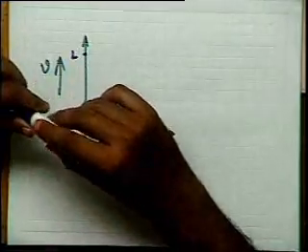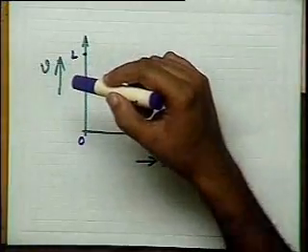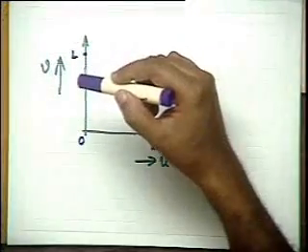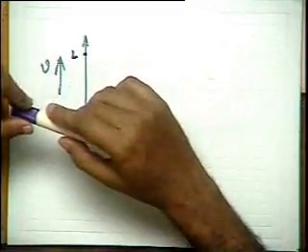So the curve that I get defining the input output relationship is a transfer function. Basically it is a transfer function that we have to consider.